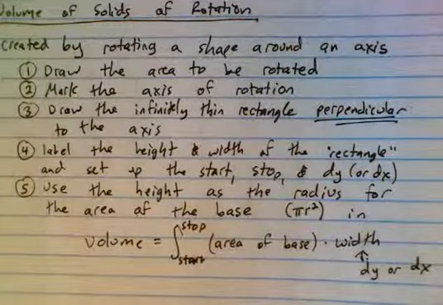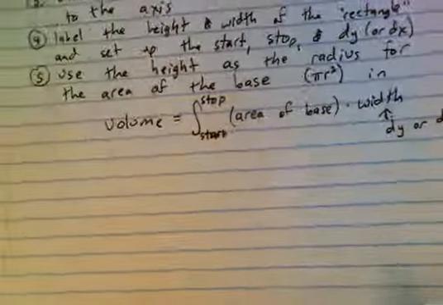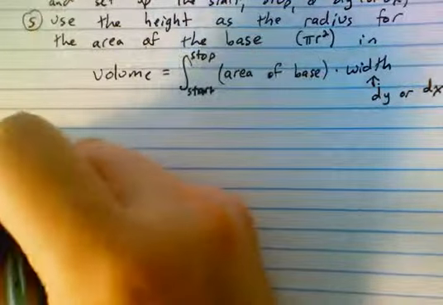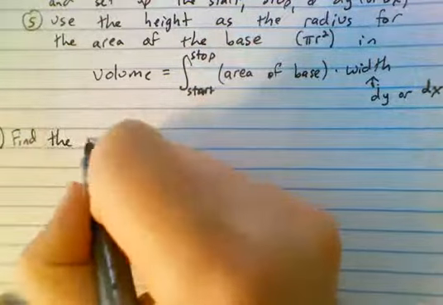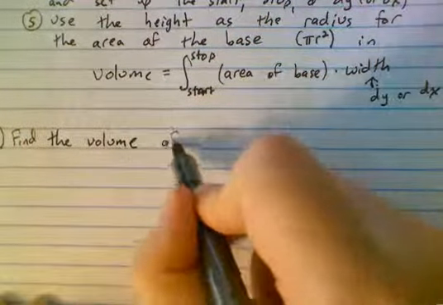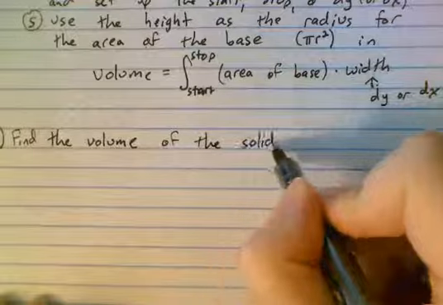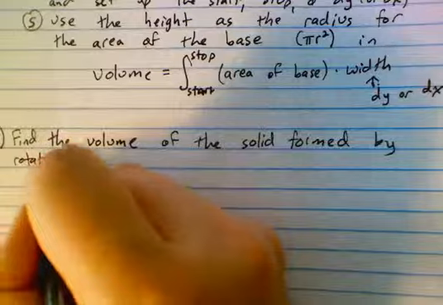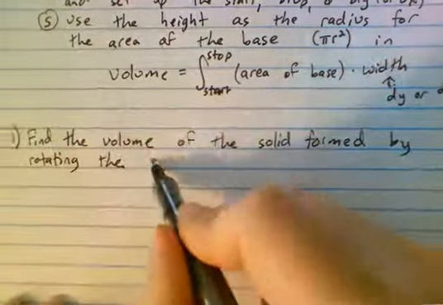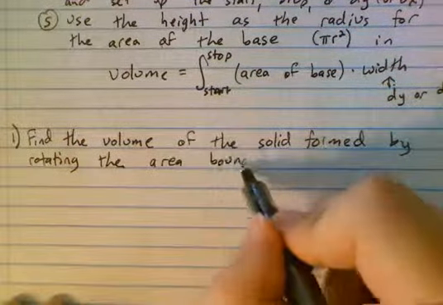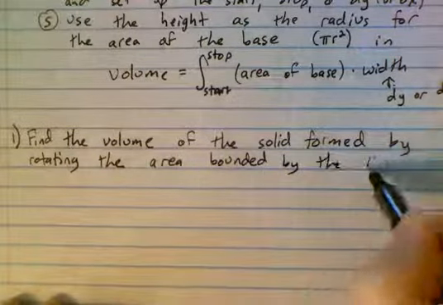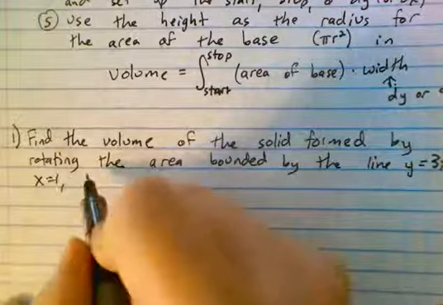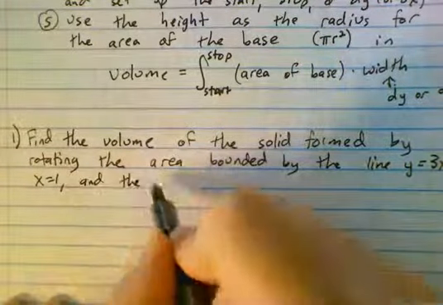So let's start off with a sample problem. First, we're going to find the volume of the solid formed by rotating the area bounded by the line y equals 3x, x equals 1, and the x-axis.